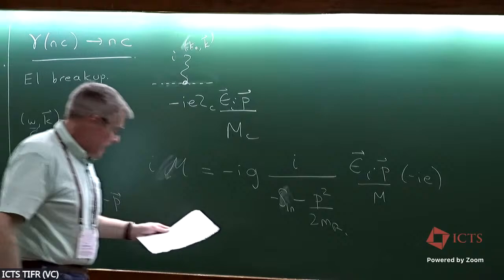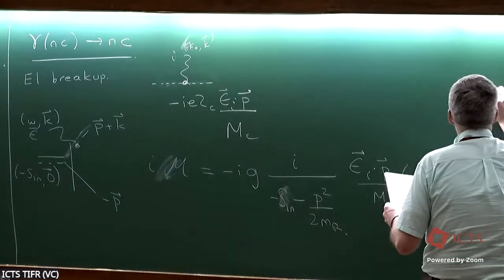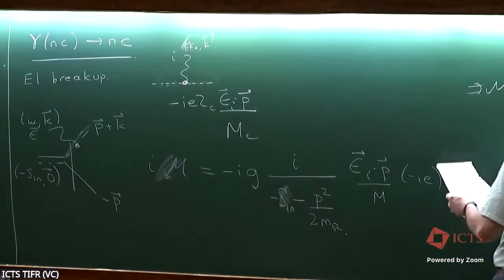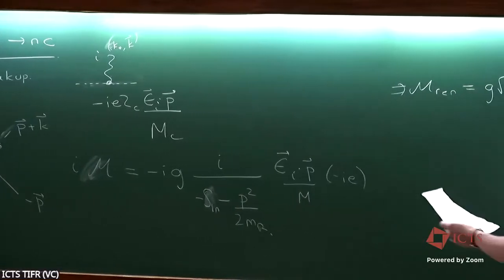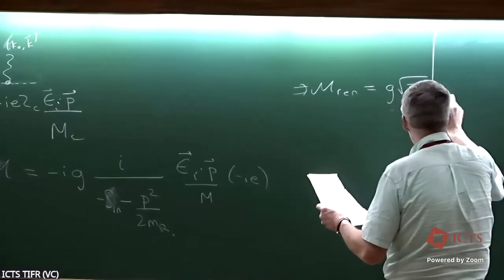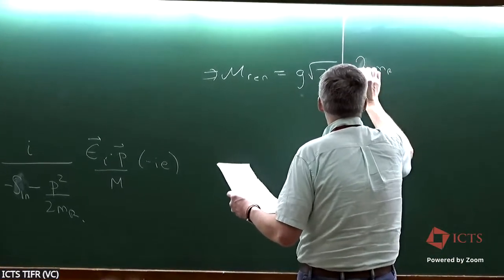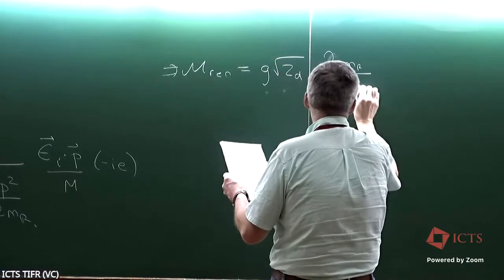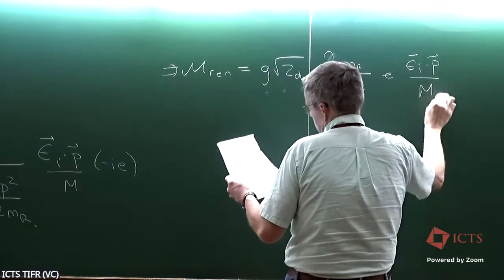So if we go ahead and renormalize this, we have to multiply by the square root of the wave function renormalization because we only have one external dimer field. So we have G square root Z. We have 2 mu, this is a 2, not a Z, divided by gamma squared plus P squared. We have epsilon_i dot P, and we have an M in the denominator.